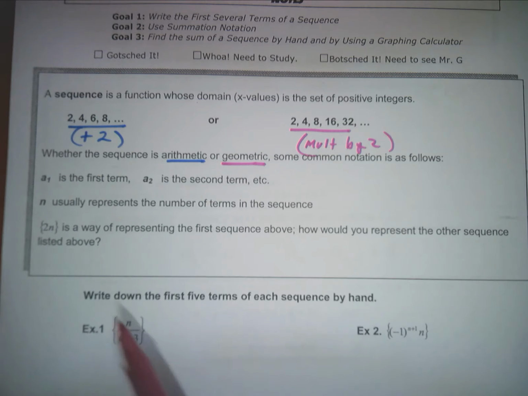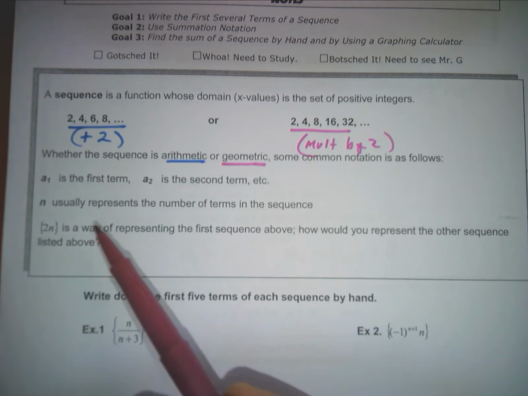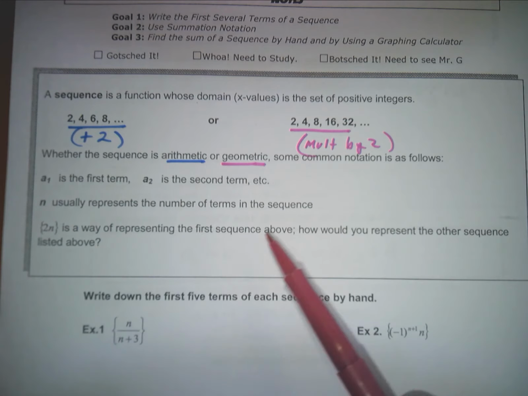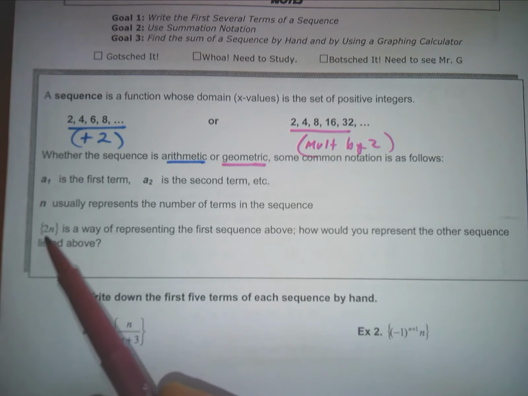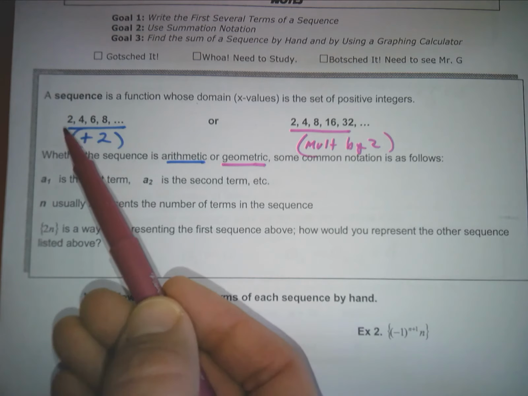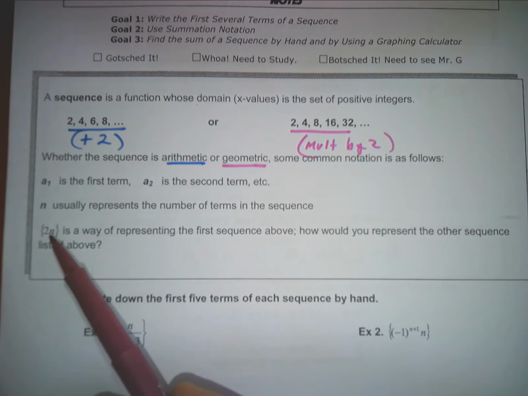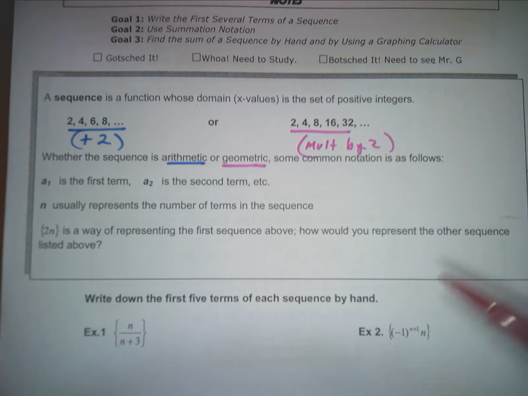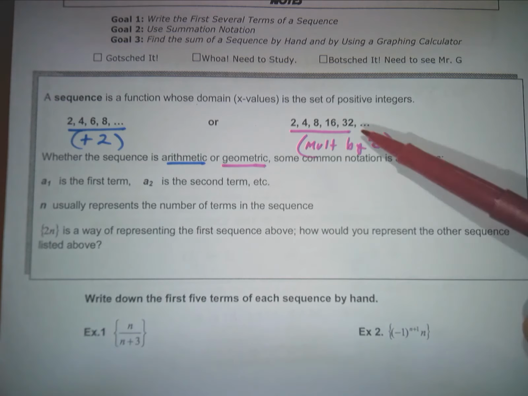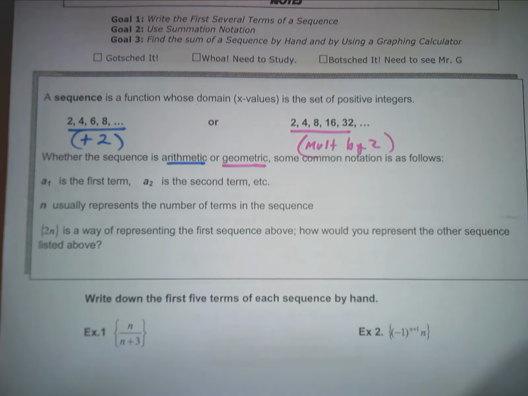Okay? Well, it says here, 2n is a way of representing the first sequence. So think about 2n. If I plug in 1, I get 2. When I plug in 2, 2 times 2 is 4. If I plug in 3, 2 times 3 is 6, and so on. Okay, the question I have now is how or what is this sequence?